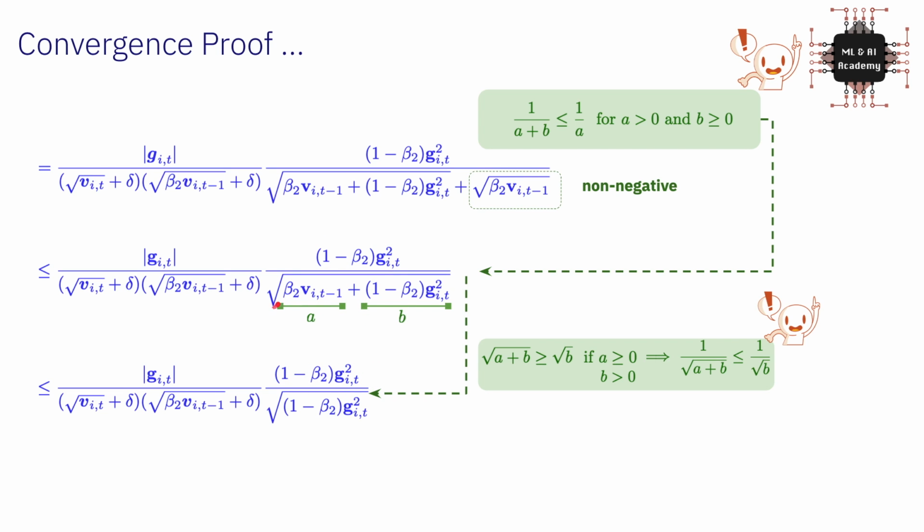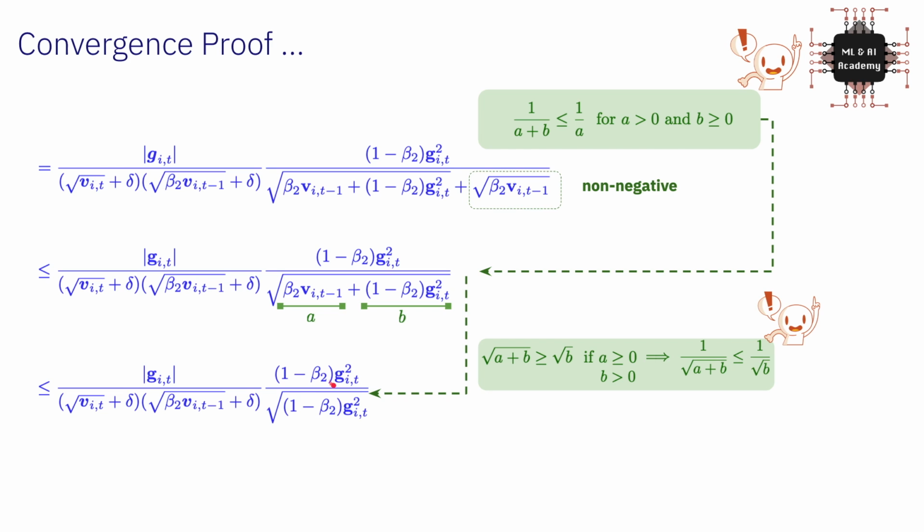And now we just said that 1 over square root of a plus b is less than or equal to 1 over square root of b. And that is why we have 1 over square root of 1 minus beta 2 GIT squared. So now this is pretty cool because you see, we got a lot of GITs and the square root of 1 minus beta 2 and so on.